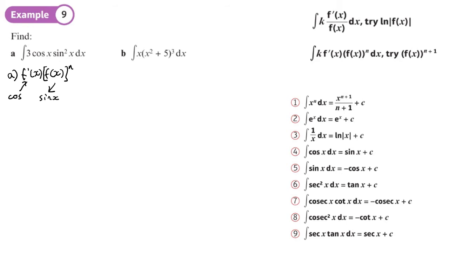We can sort that out later on by making our adjustment. So I'm going to try sine cubed x. Okay, and how are we going to check that our answer is any good?